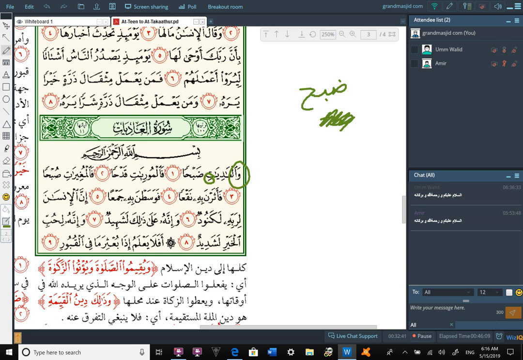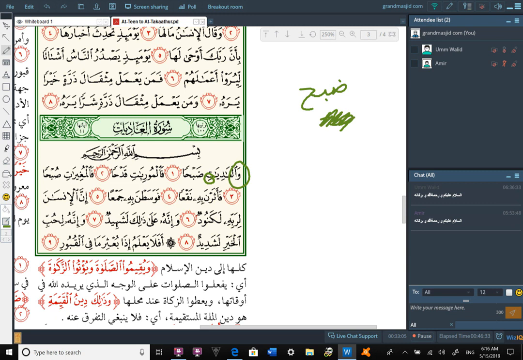This is what Allah is swearing by. Wal adiyati dabha. Those horses are running and they are snorting. They are breathing through their noses. Allah is swearing by them.